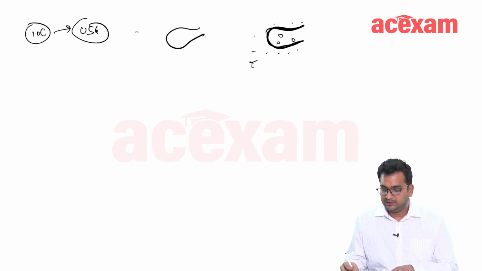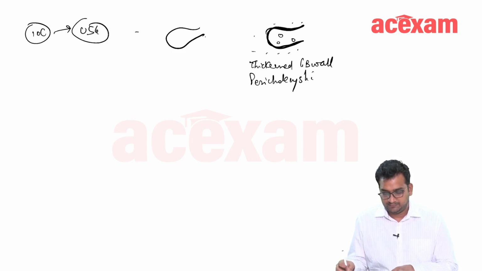So thickened GB wall, pericholecystic edema, and gallstones can also be there.